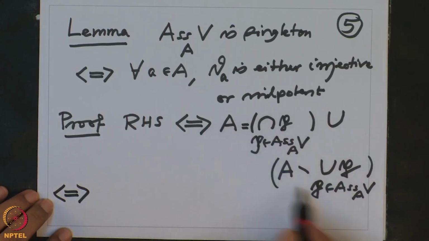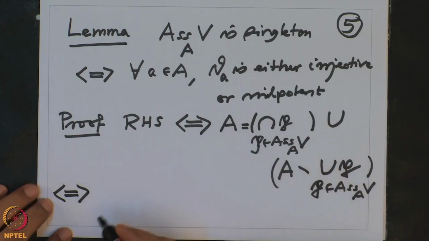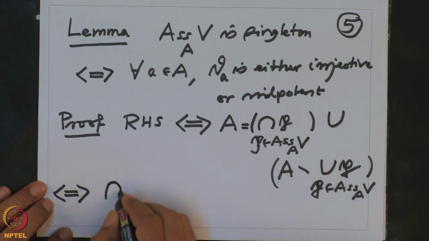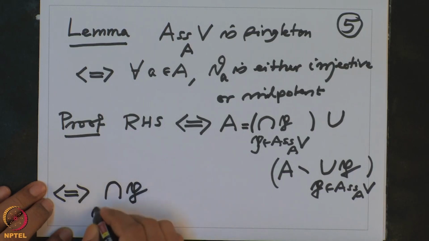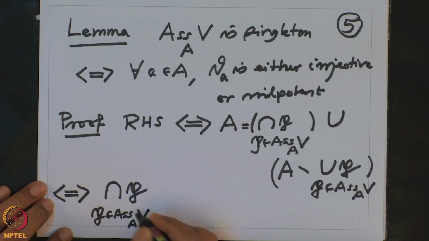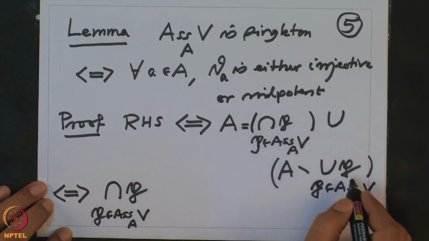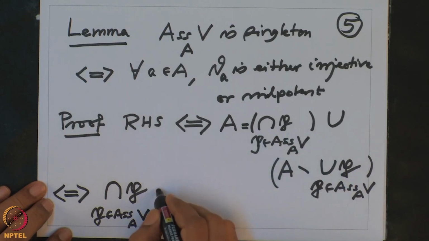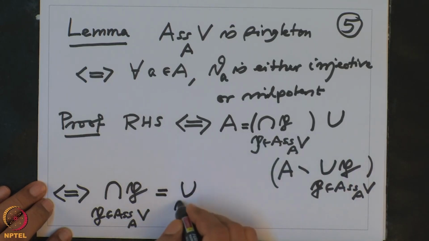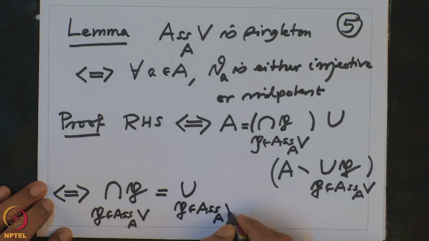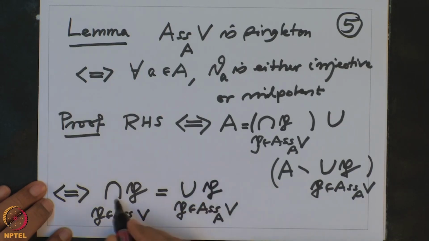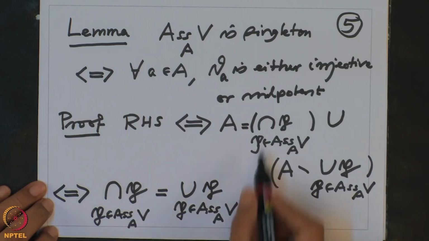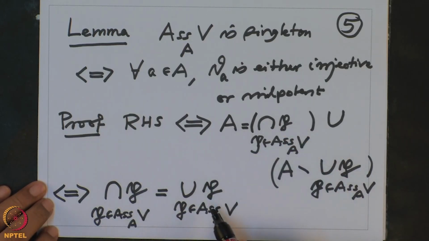Now this A equal to this, but that is equivalent to saying the intersection, this P varies in the associated primes of V. This intersection is a complement of this union, this is the whole ring. So this must be equal to the union of P in associated primes of V. So intersection equal to union, that is just set theory.